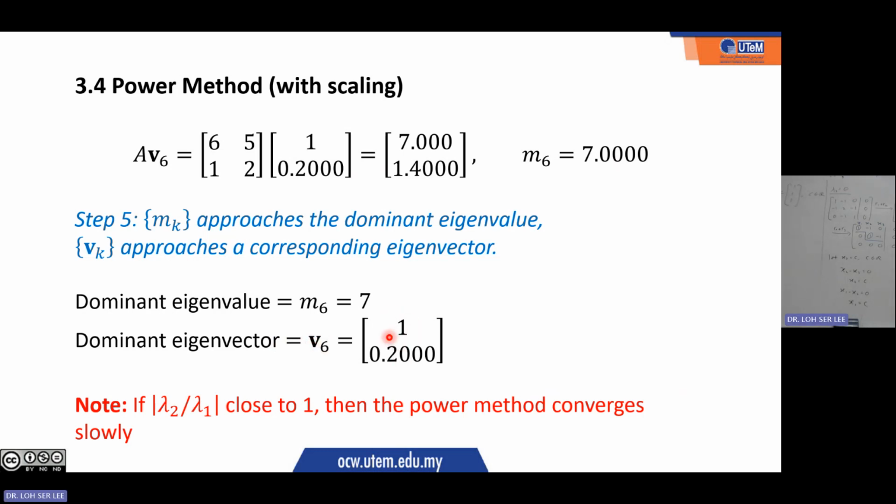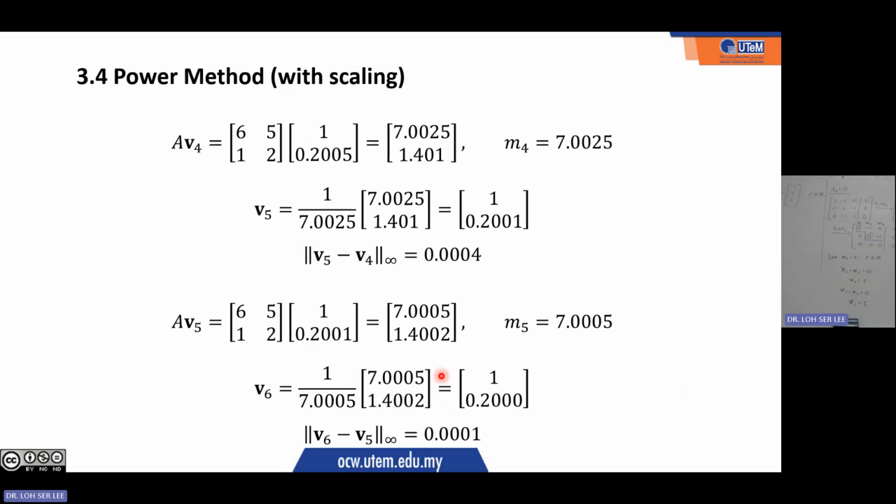I repeat one more time. When you see the error is less than the given epsilon, then we stop the iteration. Then the last V will be your dominant eigenvector, V6. And your dominant eigenvalue is M6, because they come in a pair. You cannot say M5 and V6.